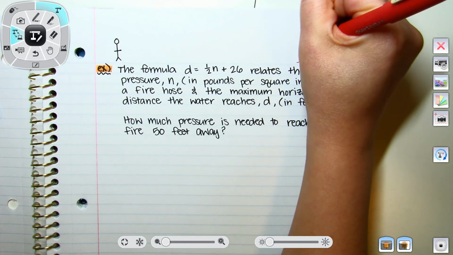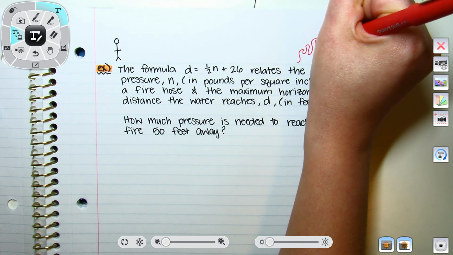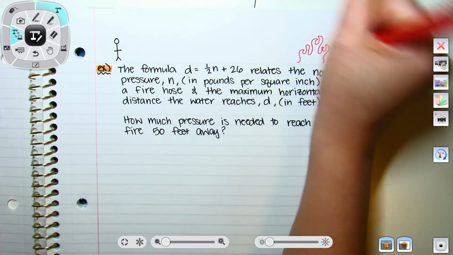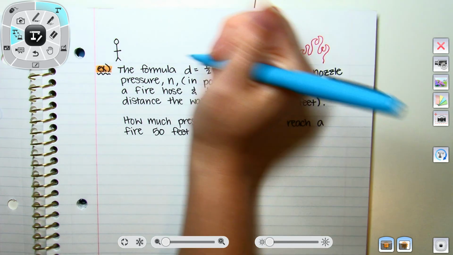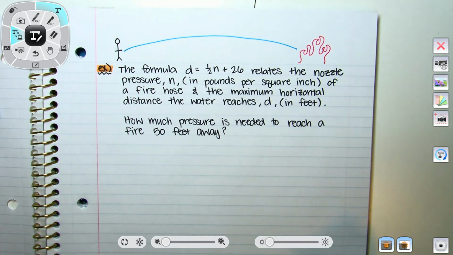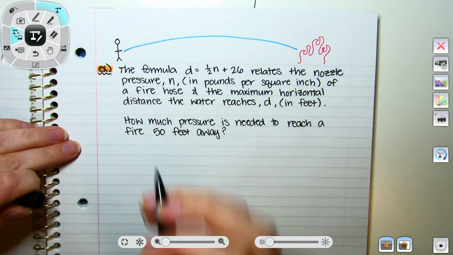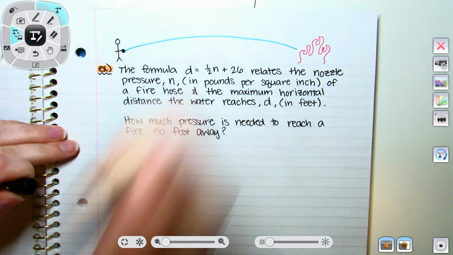So I'm going to say the fire is over here. That's where our fire is over there. And he needs to shoot the water over there so that he can put out the fire. I'll make it look like he's holding a little nozzle too, so that's attached to something.